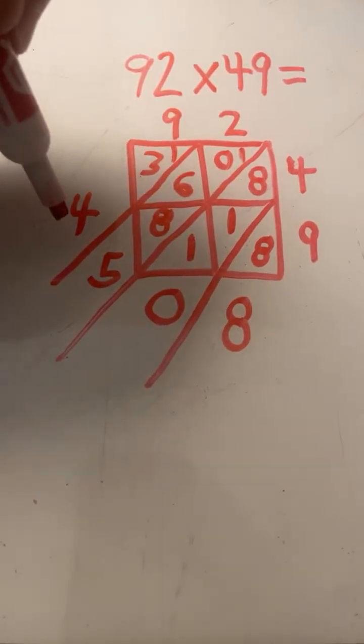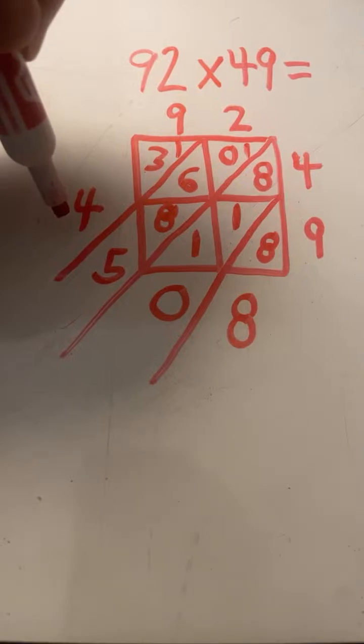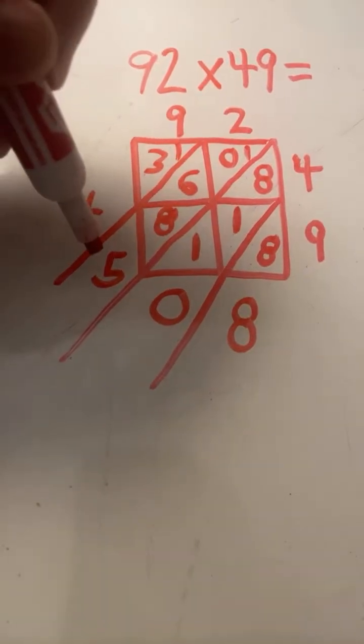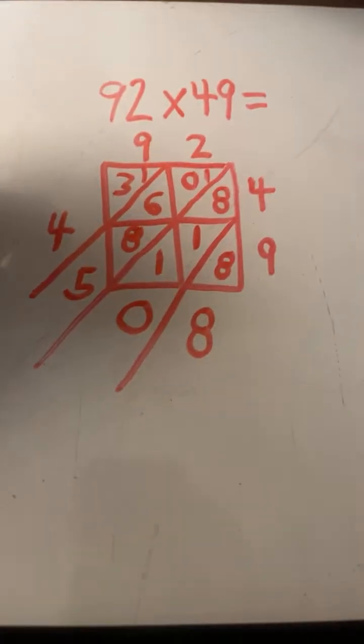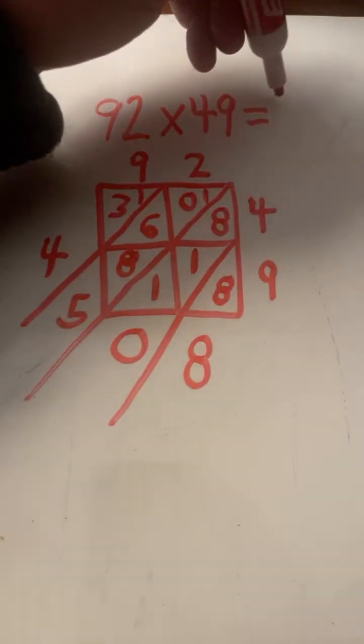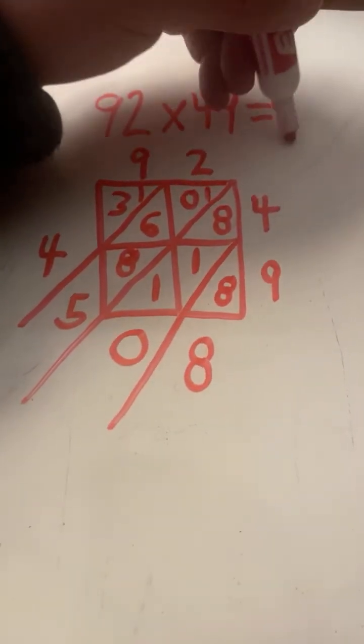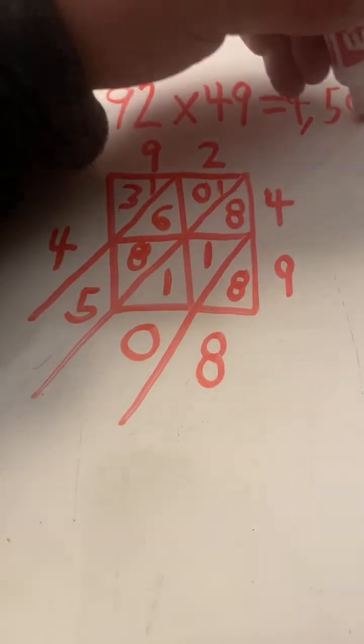Now reading our number from left to right, we have 4,508. 92 times 49 equals 4,508.